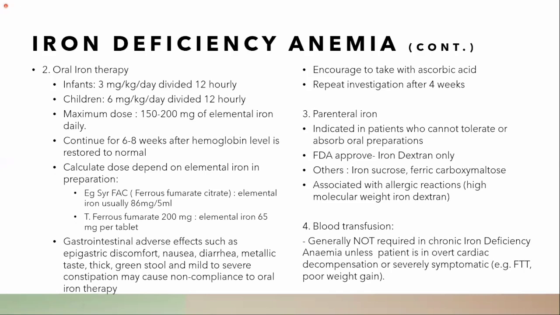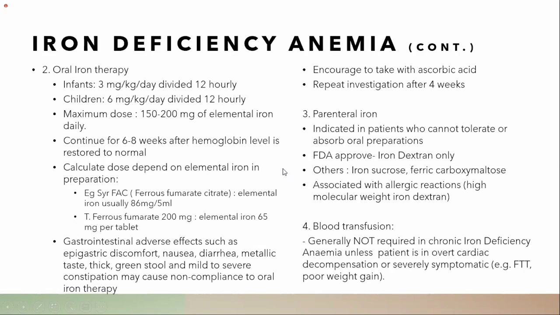If there is a problem with oral therapy, we can offer parenteral iron. Currently there is only one preparation approved, which is iron dextran, and we have to be careful of allergic reactions with parenteral iron.